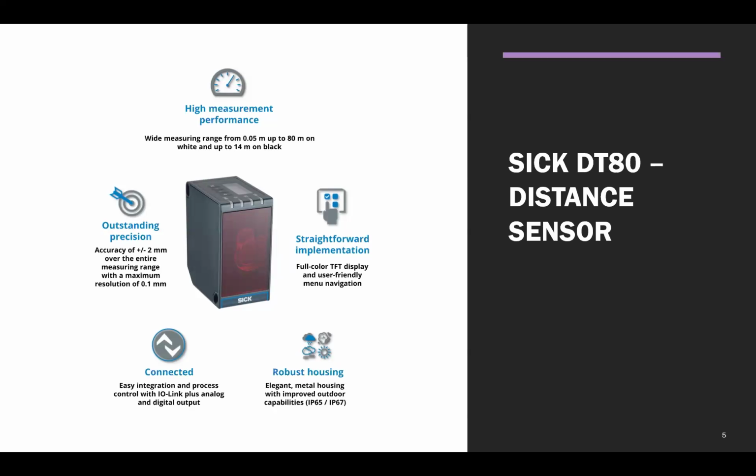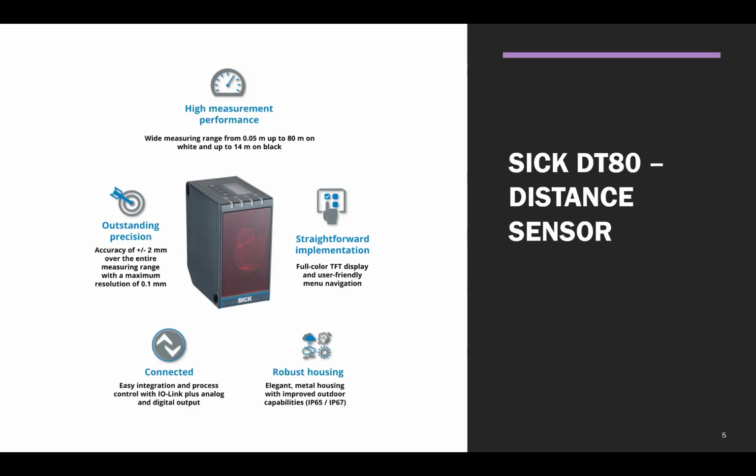They won't be very precise in their spec sheets. But for this sensor, at 80 meters we still get an accuracy of plus minus 2 millimeters, which is very impressive at that long distance without a reflector. So that's the most important spec of this sensor.